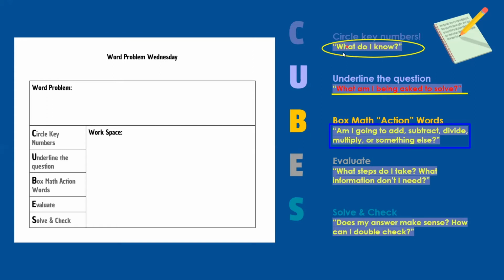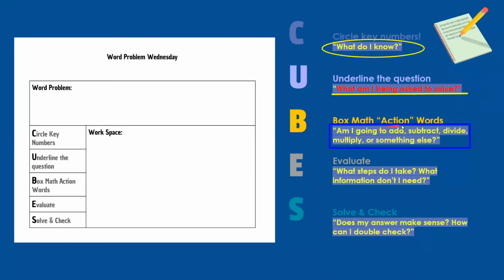Sometimes it's just as easy when you're working on the computer to just highlight things, or you can highlight them at home if you're working on paper. Circle or highlight what you know, pick a color. Then secondly, U: underline the question. What am I being asked to solve? I usually highlight that in red, and I'll try to underline it as well. That's usually what the answer we're looking for is, what type of answer.